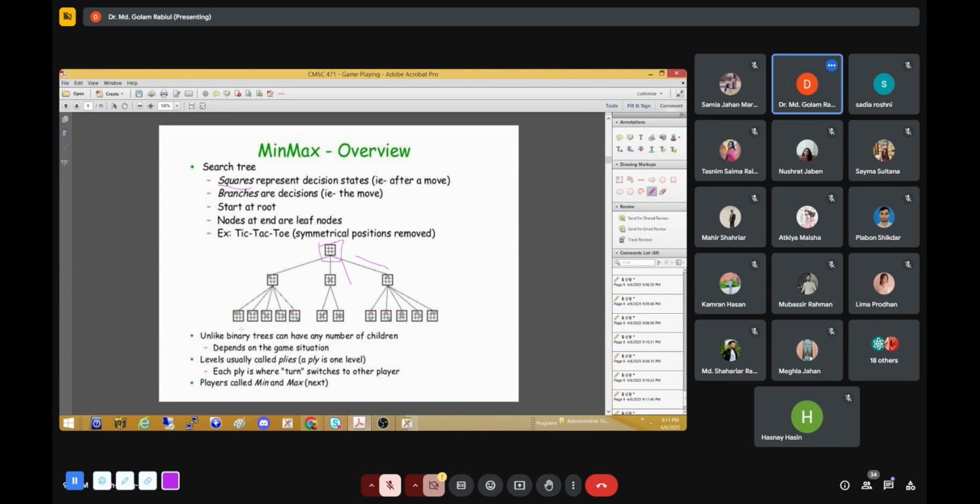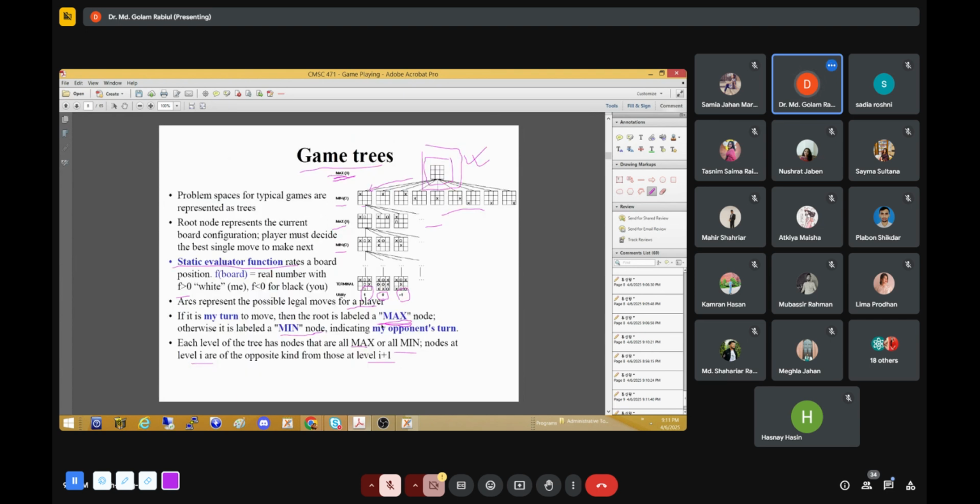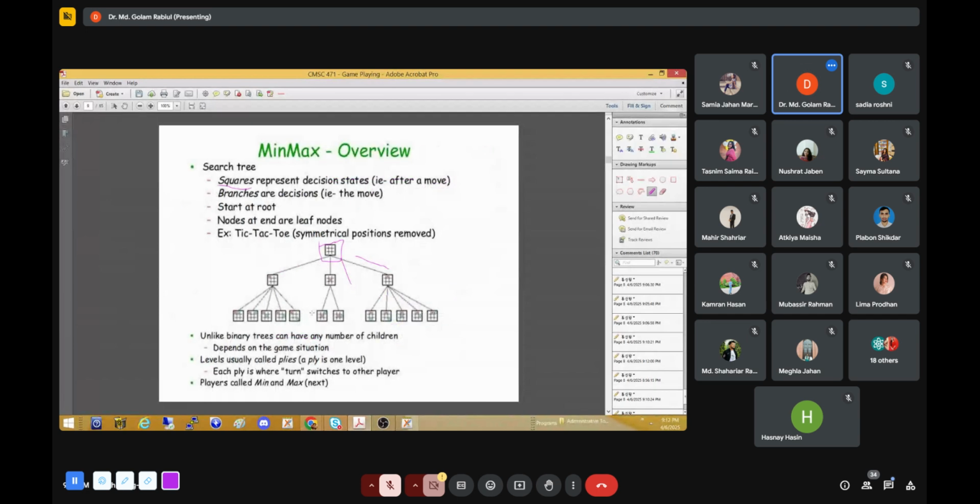Here we can see the utility values we got, -1, then 0 and +1. So these are the terminal nodes, or the leaf nodes. And for those leaf nodes, if we have the evaluation function, then we will get the evaluation value.